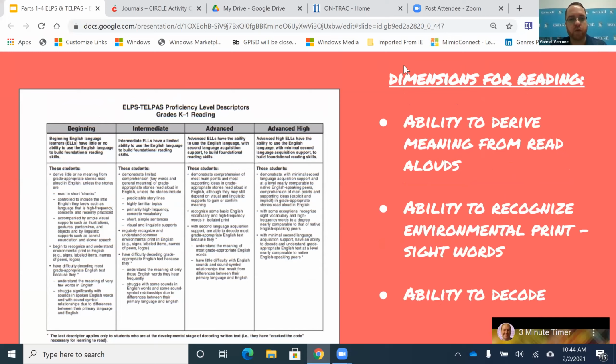So give me one moment. We'll drop those in there for you. There we go. Okay, so these are the reading proficiency descriptors for K1 emerging readers. We'll also give you the one for 2 through 12 readers.